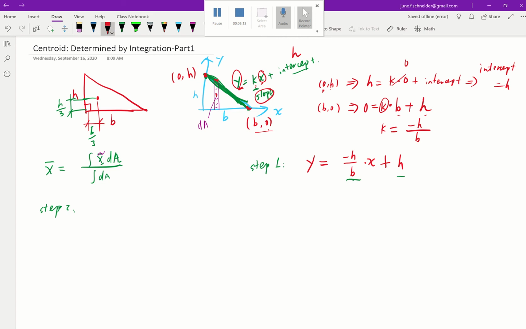So that's going to be the centroid, this red dot, the centroid of this differential area dA, and we need to find its coordinates. In that situation, we need to write down x tilde and y tilde for this red dot.